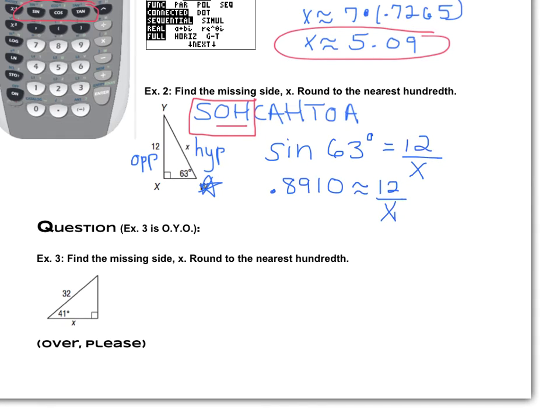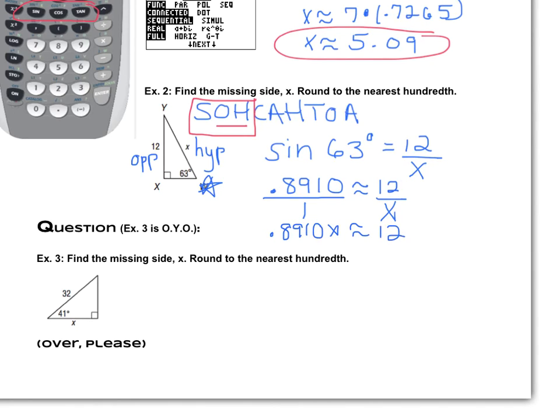Recall that the last time we had a decimal, we decided to place that over 1 so that I could really quickly just cross multiply here, and that's what I want to do. When I cross multiply, I get 0.8910x is approximately equal to 1 times 12, which is just 12.